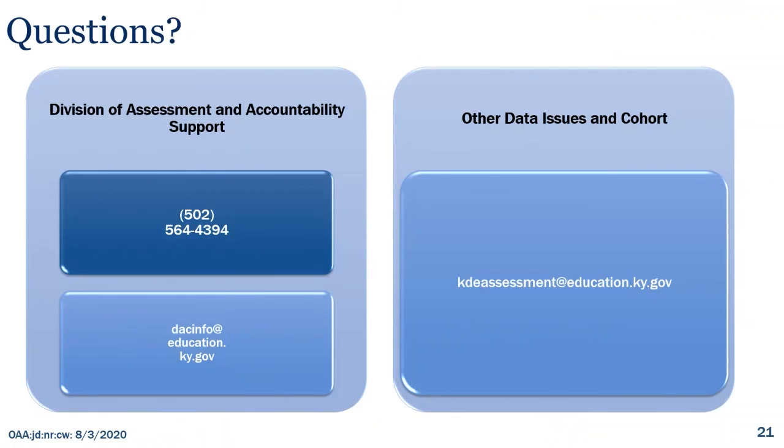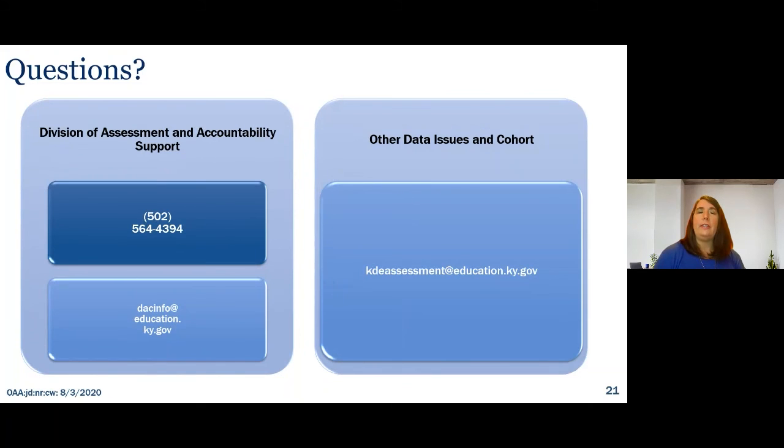Next, for questions about SDRR or data review, who are you going to contact? Who am I going to call? I can call the Division of Assessment and Accountability Support. Our office would be more than glad to talk with you on any questions you have. Also, we have the DAC info email that you can submit your questions to.